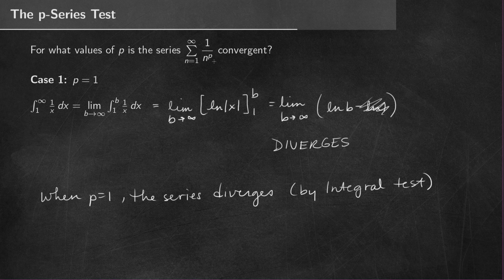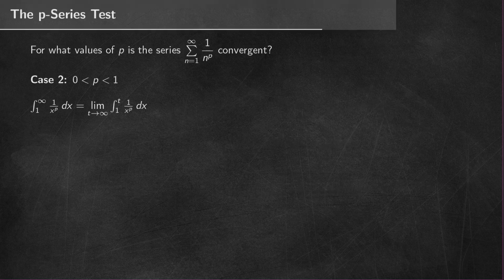Okay, so that's if p equals 1. Now, what about the case where p is between 0 and 1? Here, when we integrate, we can think of this as x to the power negative p dx, and then use our power rule for integration.